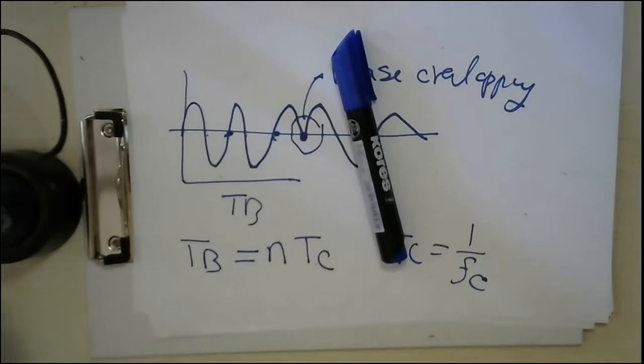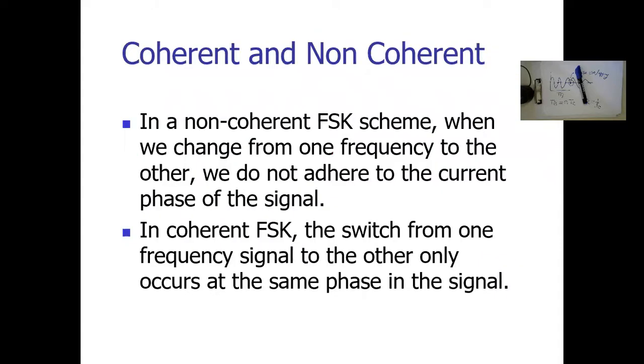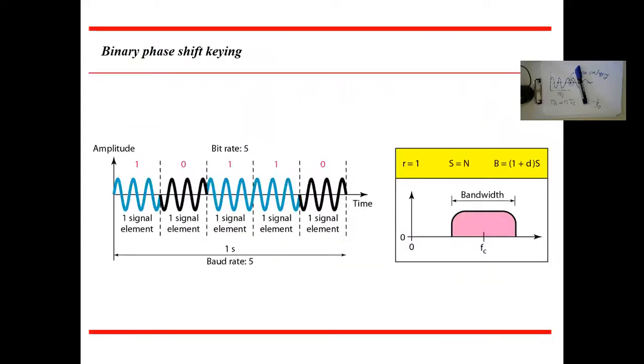So let's now continue. Now this is the binary frequency shift scheme. And let's now do the third and final way of digital modulation using shift keying techniques, which is binary phase shift keying. Now we are using 2 phases to represent the signal. And logically speaking, it makes sense to use 2 phases in an extreme manner.